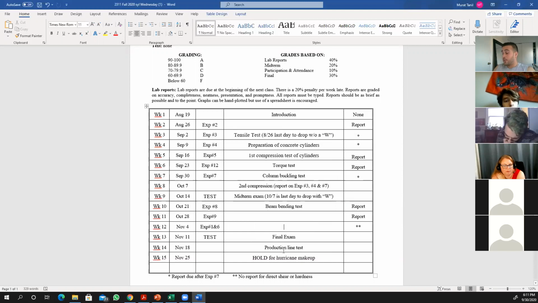I'm not even going to have the Zoom meeting, but I might have the review before the midterm and cover the shear and hardness right there. That's what I usually do, because we don't have any experiments on shear and hardness. It's just a review every semester. I provide the handouts, and students are not responsible for the shear and hardness on the final. So I can push it back before the final exam, and the production line can be right here.